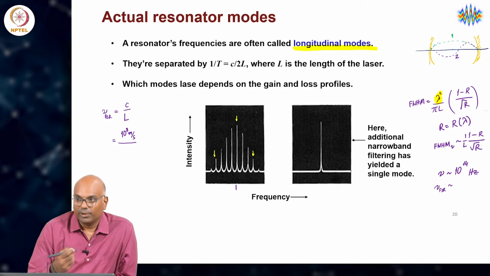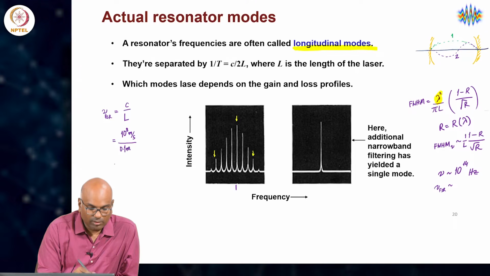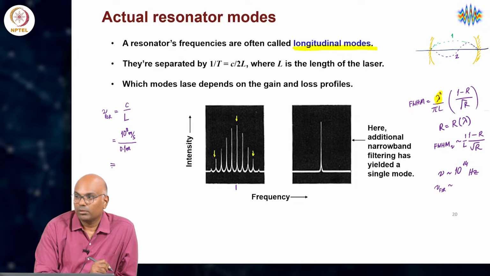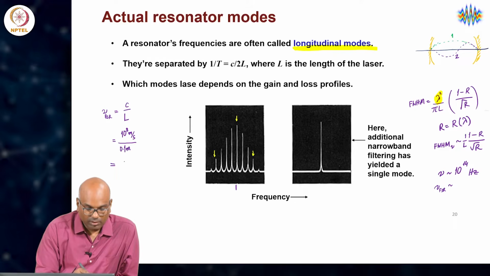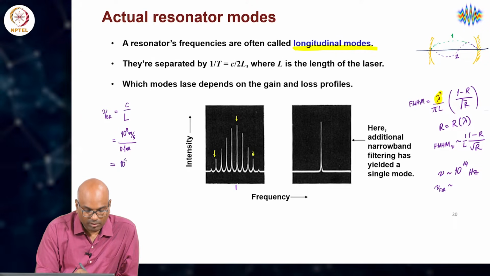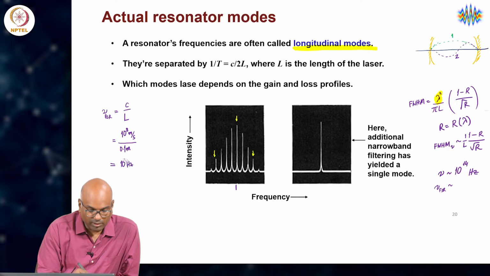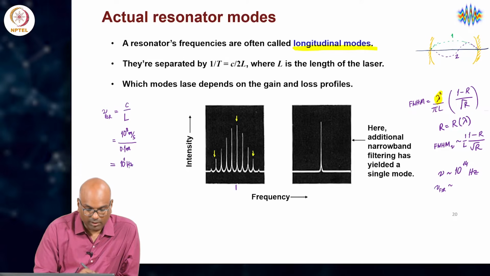Take L to be about 10 centimeters or 0.1 meters, right. So, this is essentially going to be 10 to the 8 hertz or 9 hertz, in this case it is 9 hertz.